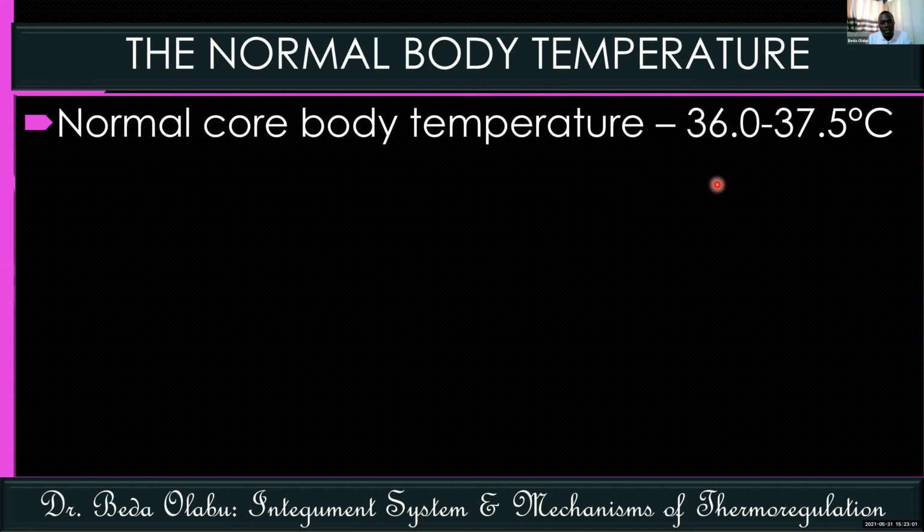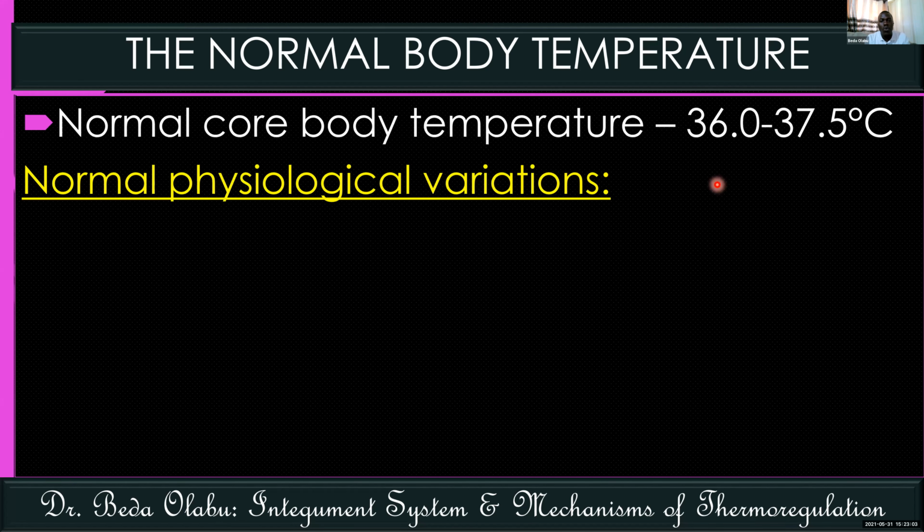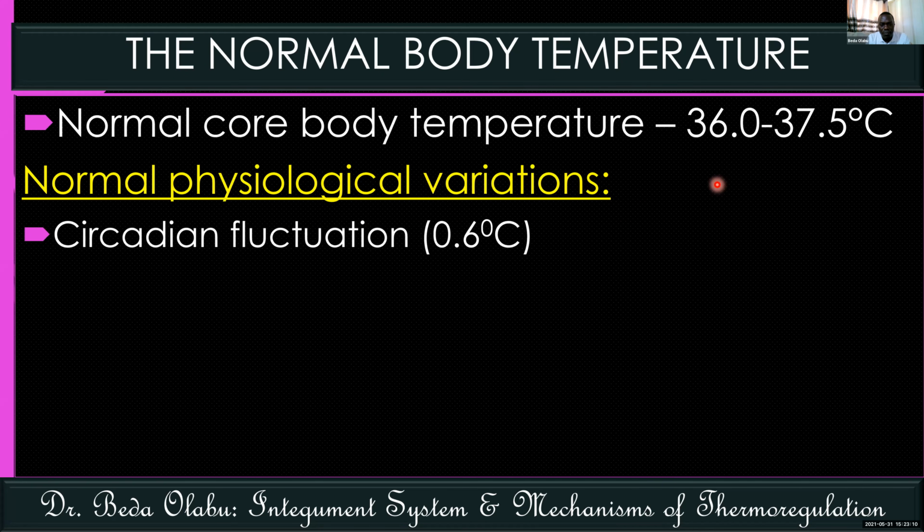There are some physiological conditions which are known to make the body temperature vary. One of them is the circadian rhythm. Your body temperature when you wake up is lower than your body temperature in the evening, usually by around 0.6 degrees Celsius. And this is largely because during the day you are metabolically active, and so you generate some heat.